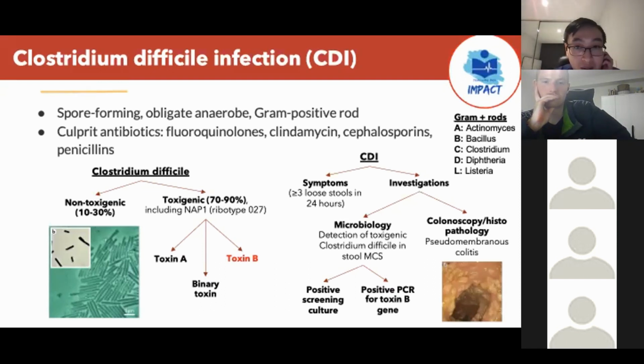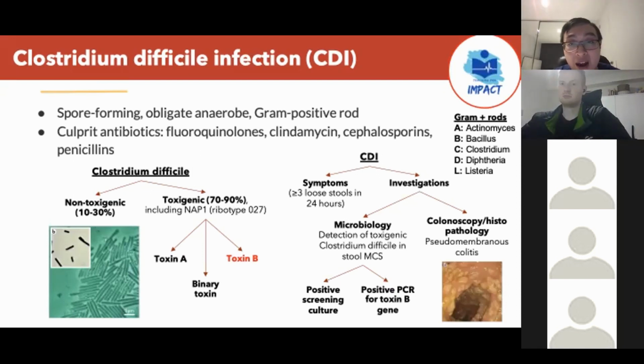Of the 2 toxins, toxin B is about 10 times as potent as toxin A, and it is the toxin B gene that we routinely test for in the lab to determine whether a Clostridium difficile organism is toxigenic or not.